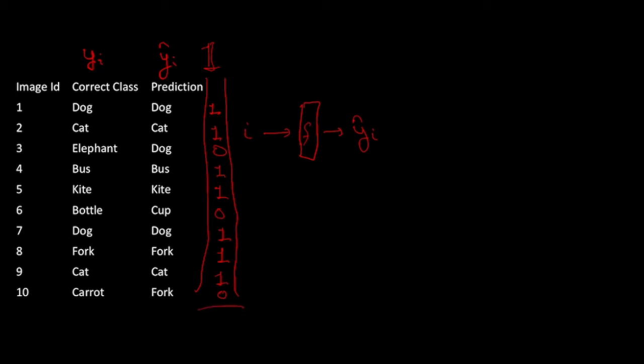So how many values are 1? If we sum it up, we get 7. So out of 10 images, the sum of the indicator function values is 7.